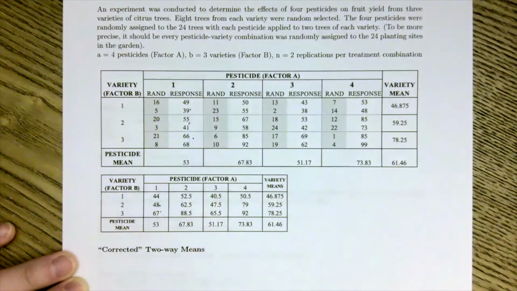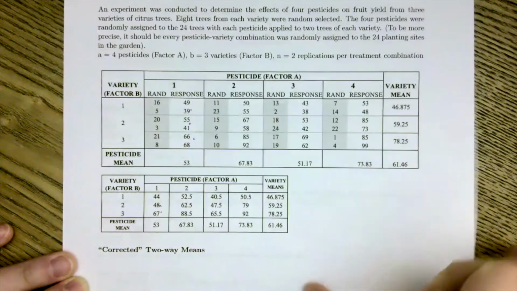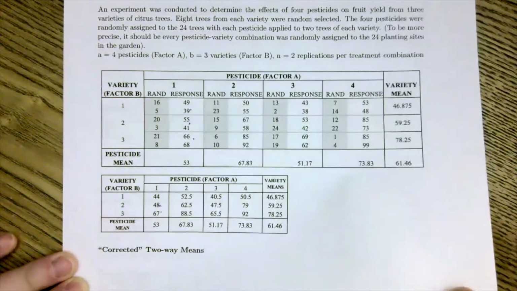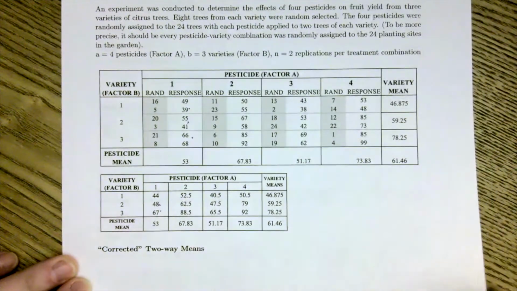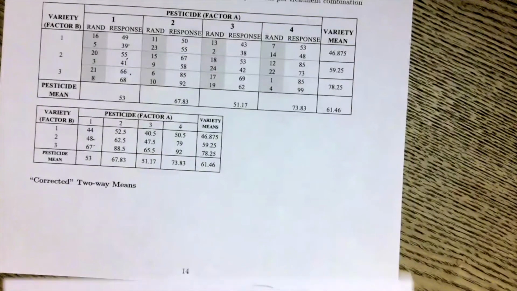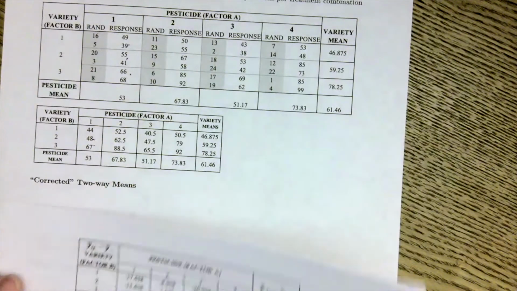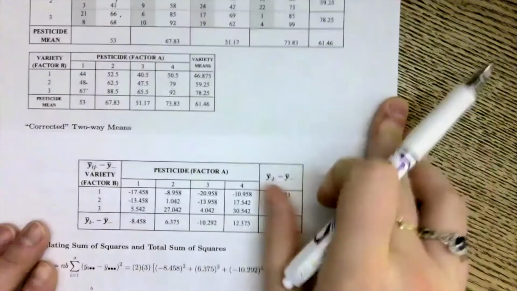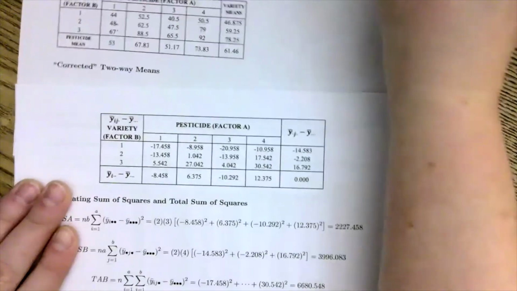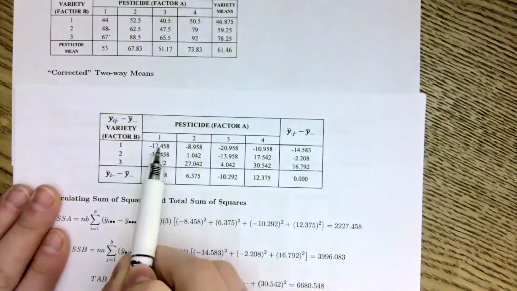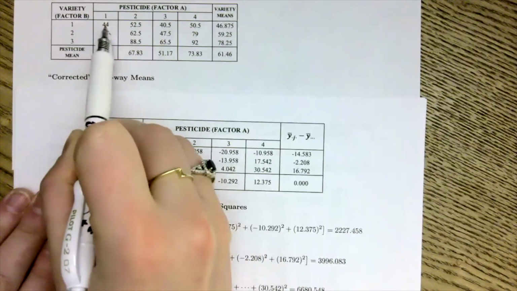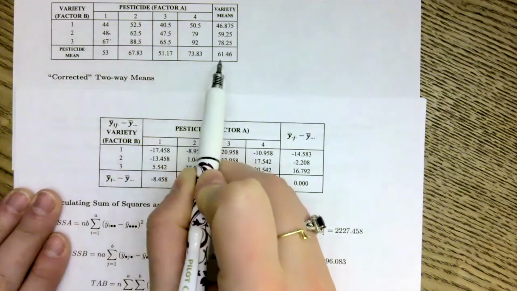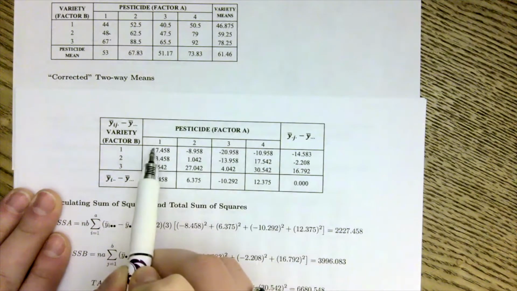To help us see our sums of squares, which again, you won't have to compute by hand, we sometimes make this table called a corrected two-way mean. So here's our two-way means. The corrected two-way means is simply this number minus this number to get this number.